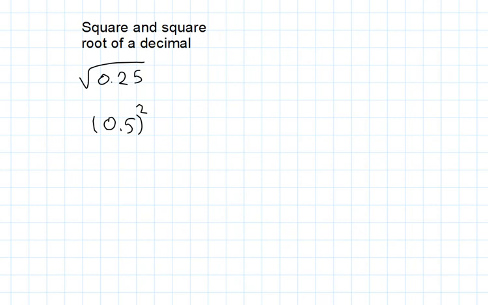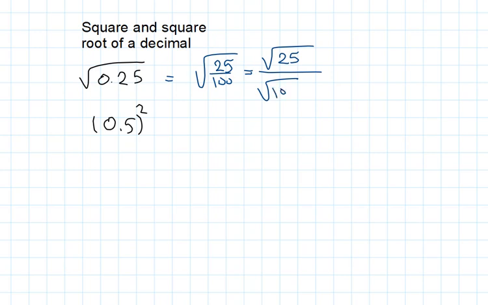So if you have the square root of 0.25, that is the square root of 25 hundredths, which is the same as the square root of 25 over the square root of 100. The square root of 25 is 5, the square root of 100 is 10, so 0.5 is your answer, or 1 over 2.